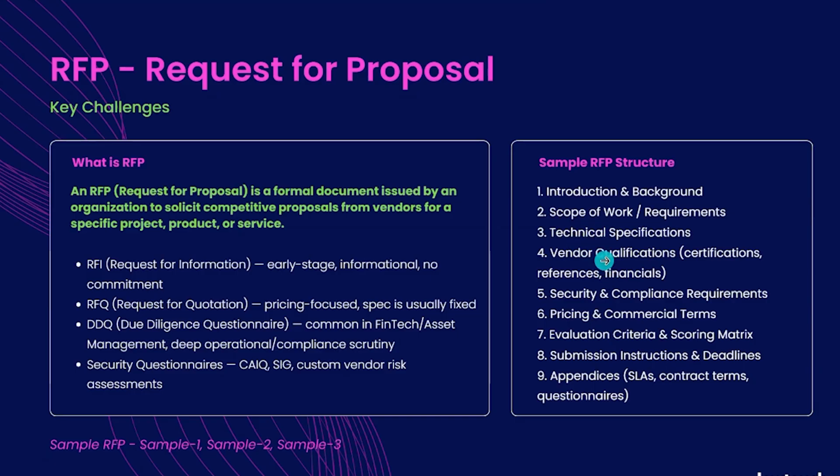They will give some specific technical specifications based on their enterprise, their data center, their other applications, etc. They'll give some criteria for qualifying the vendors in terms of certifications, ISO or SOC 2 compliance, and then other reference implementations, financials, maybe the last 3 years' balance sheet or profit and loss, other accounts may be asked. Security and compliance related questions will be there. Pricing has to be included in it.